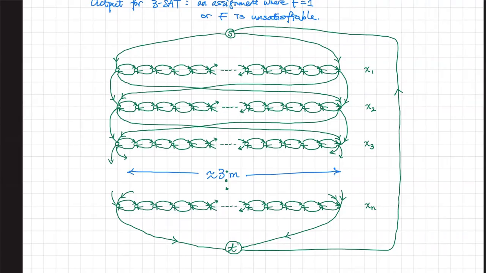Okay. Now, for this current graph, do you see that you are able to find a Hamiltonian cycle? How do you find the Hamiltonian cycle? Starting from the source node, you can either go to the first row by going to the first node from the left, or going to the last node, on the right.